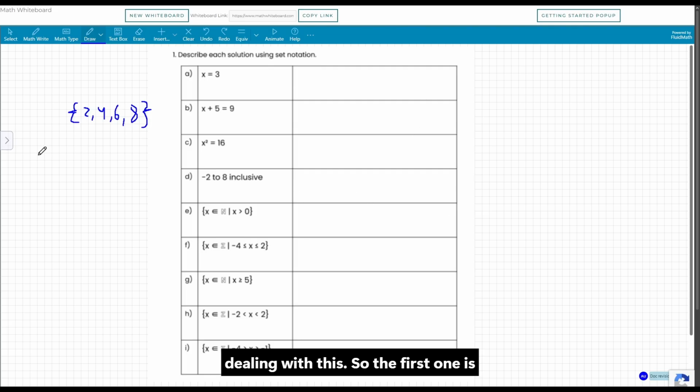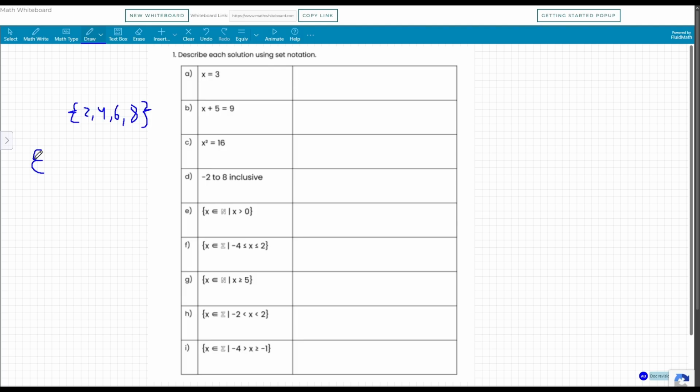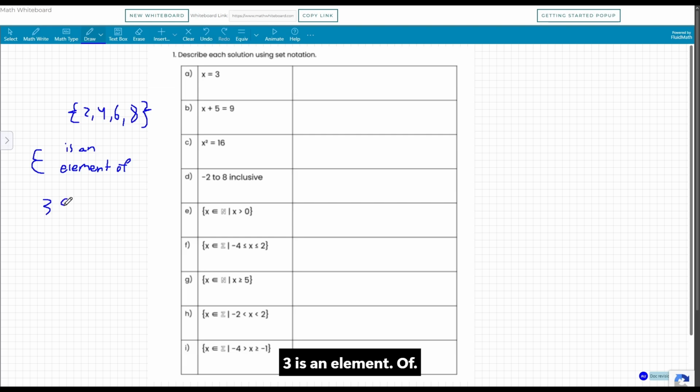The first one is this backwards E looking thing. This means is an element of. For example, 3 is an element of the set of integers, Z, this symbol being integers.